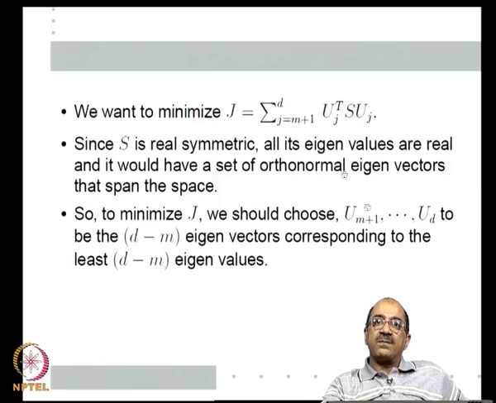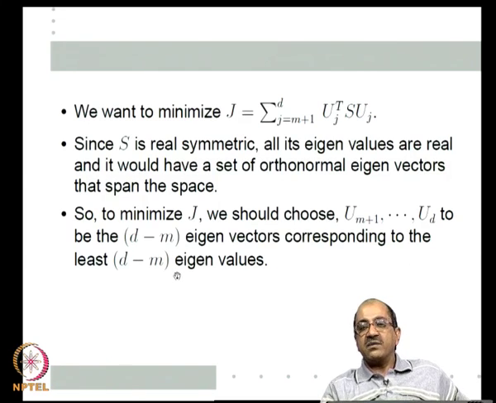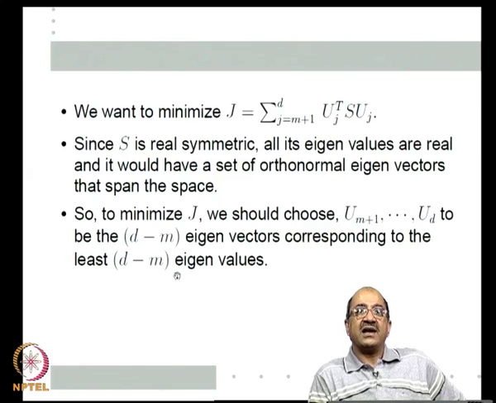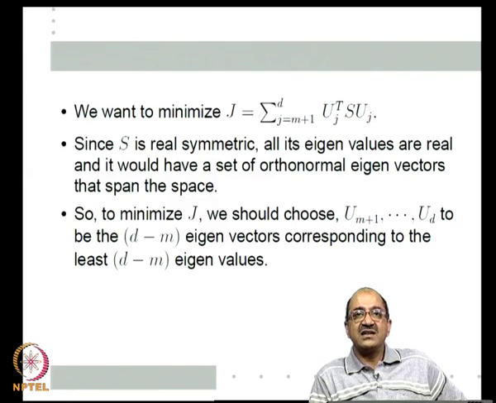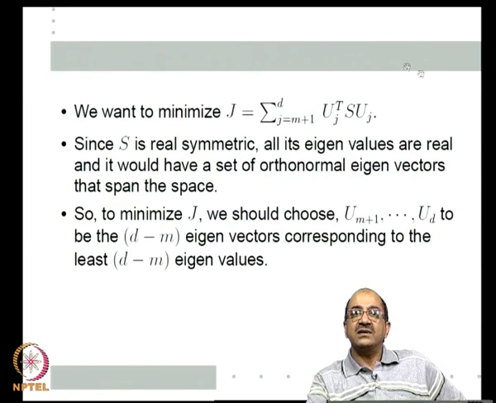So, which means U m plus 1 up to Ud should be the d minus m eigenvectors corresponding to the least d minus m eigenvalues. You take the eigenvalues of S, take the least d minus m eigenvalues and take the corresponding eigenvectors, and that is the least I can make this J to be.